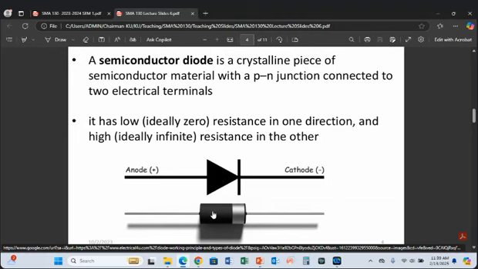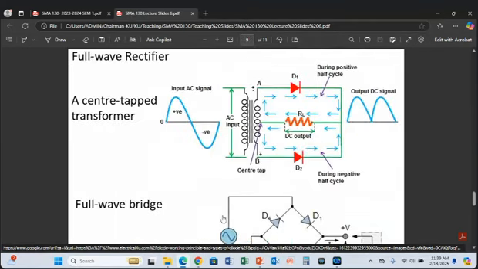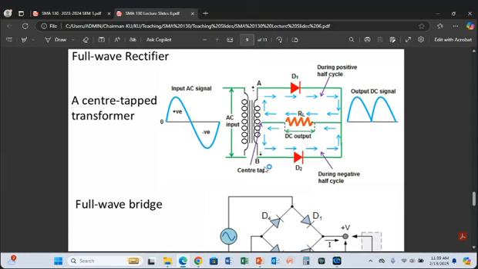So here we are showing the symbol, and the real device, how it looks like: a small cylindrical device with a single band, not many. If you see a device with many bands, that is something different, which we call resistor. So at least you are able to appreciate when you see a circuit like this.